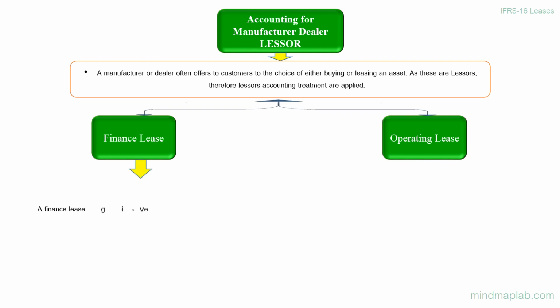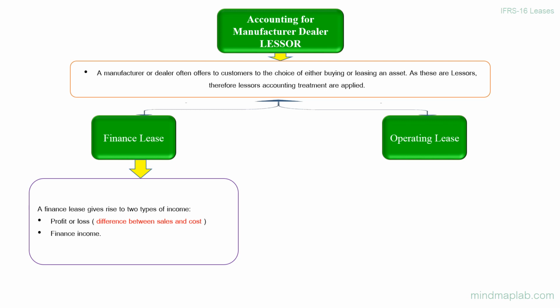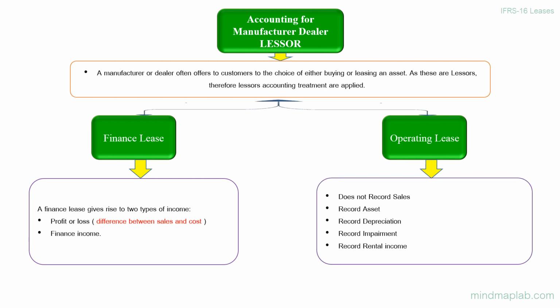A finance lease gives rise to two types of income: profit or loss, which is the difference between sales and cost, and finance income. For operating lease, does not record sales, record asset, record depreciation, record impairment, record rental income.